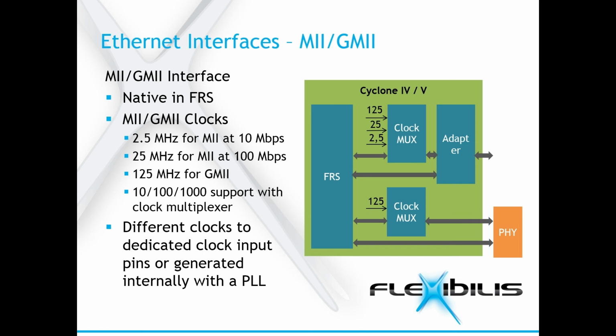Phase locked loop, or PLL for short, is a component inside the FPGA that can be used to generate faster or slower clocks from the FPGA input clocks. When connected to an external PHY chip with MII, the needed clocks come from the PHY.